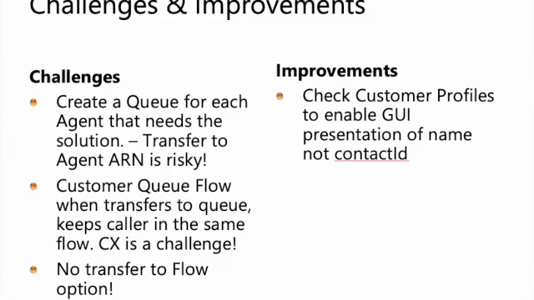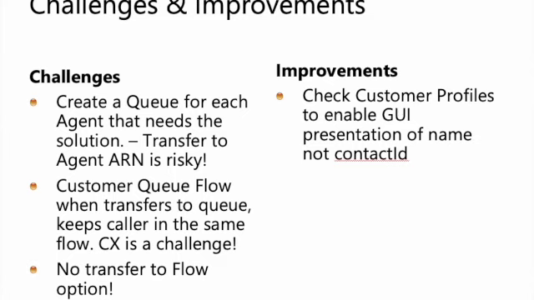And if they're going to stay in that same logic, you're going to have to solve the problem of, well, I can't claim him again. He's already been claimed. So I want him to hear some different instructions. There is no transfer to flow option in that type of a contact flow. So you're going to have to do it all right there in the customer queue flow.